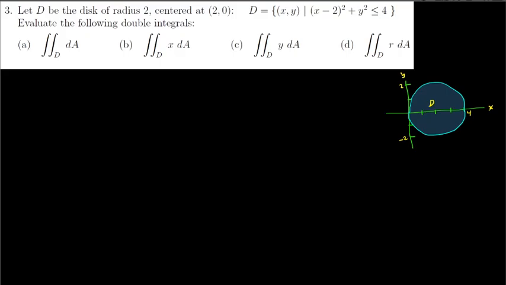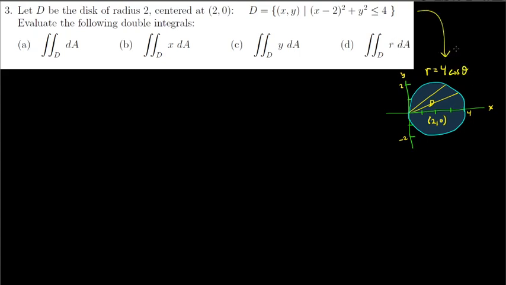So for number 3, we have the familiar disk of radius 2, except it's shifted to the right too, so it's centered at the point 2, 0. And, you know, if you convert to polar coordinates, you'll see that r for the circle is just going to be 4 times cosine theta.